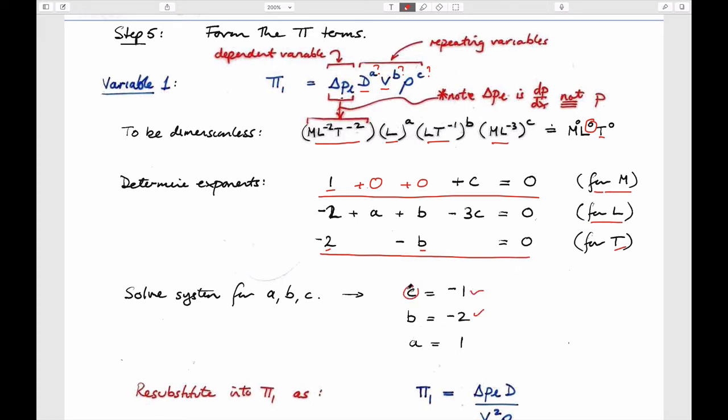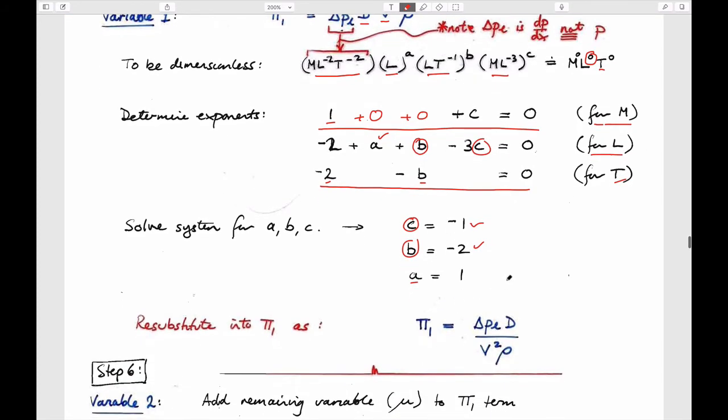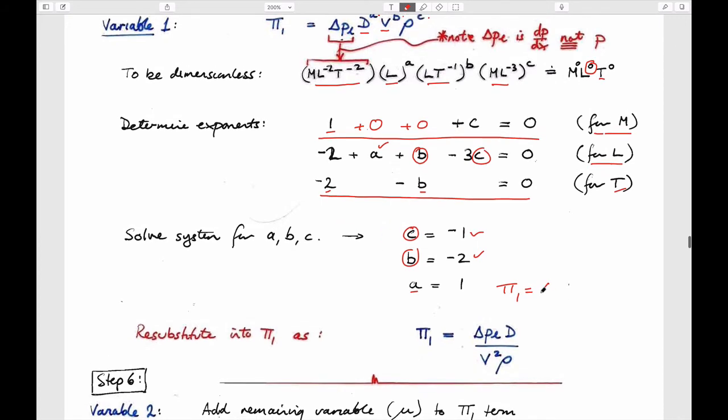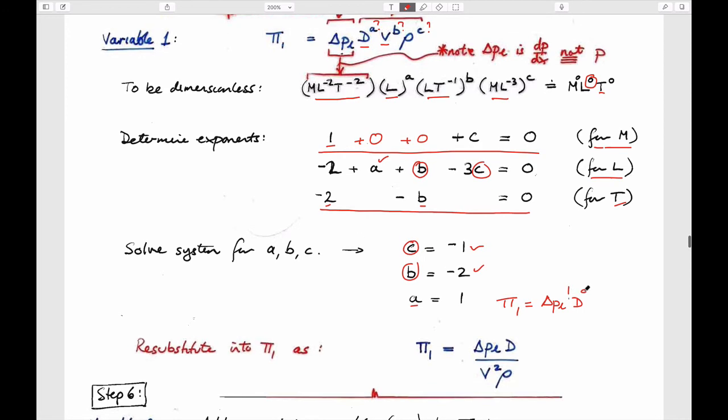And if we take C and B and substitute for each of these, then we also have this final one, which is A. If we take this and make the first pi group, pi1 is equal to delta PL to the 1 times d to the power A times velocity to the power B times density to the power C. Then we have each of these values now.